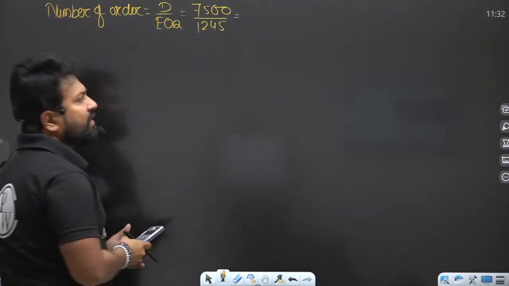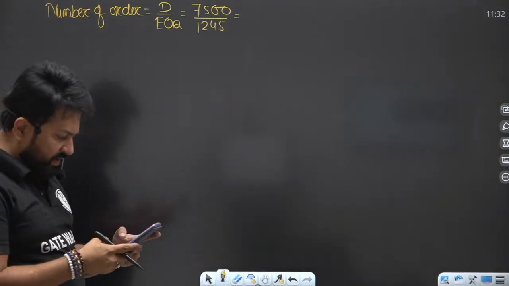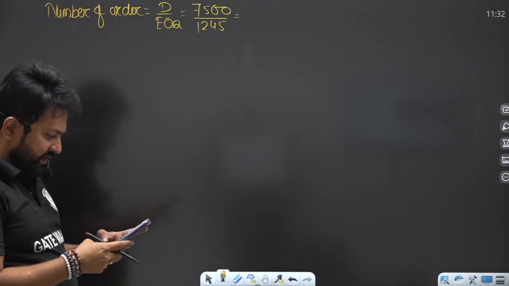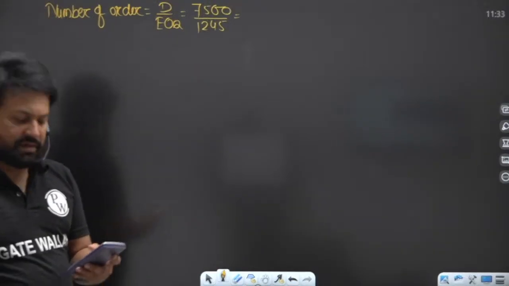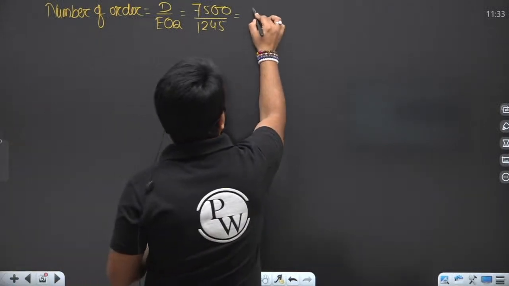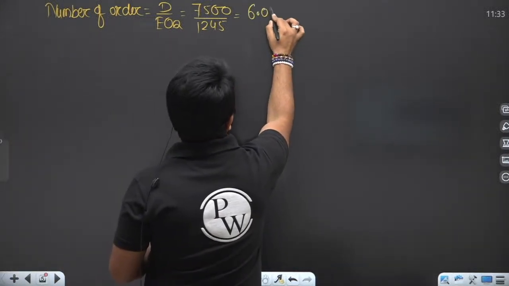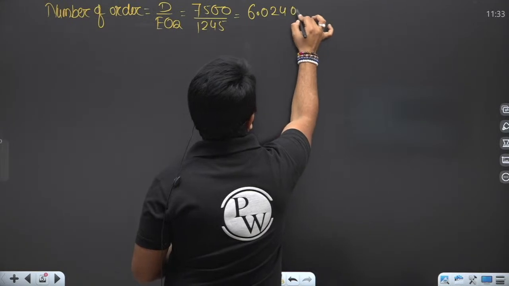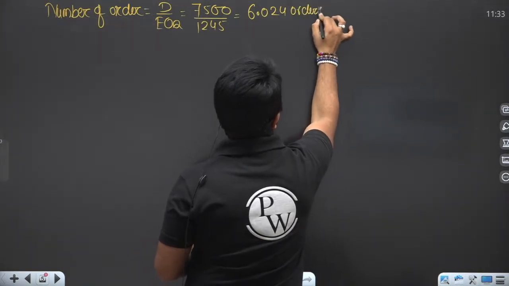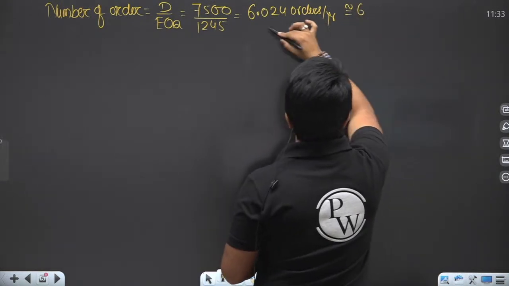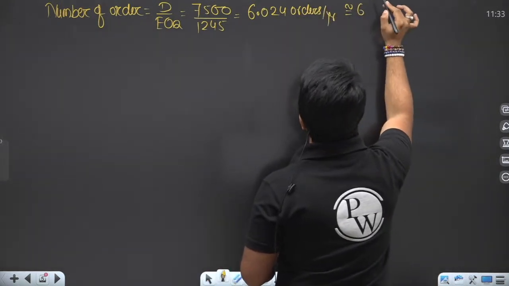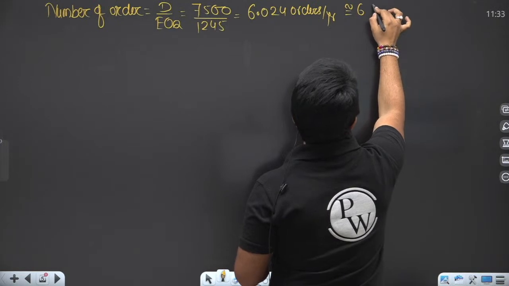So the number of orders will become 7500 divided by 1245, which is 6.024. You can approximate as 6 orders per year, because it is very near to 6.